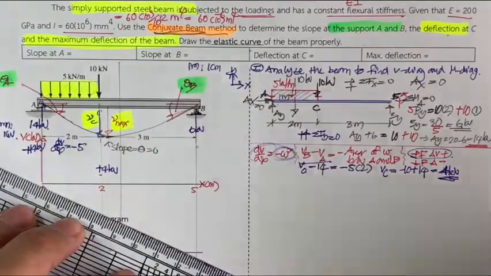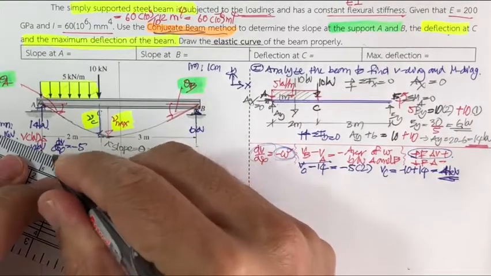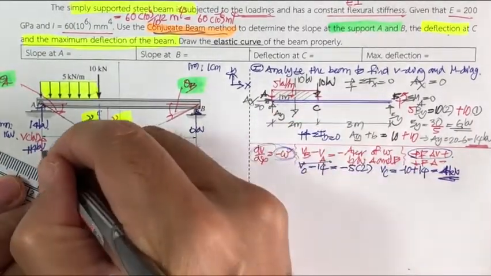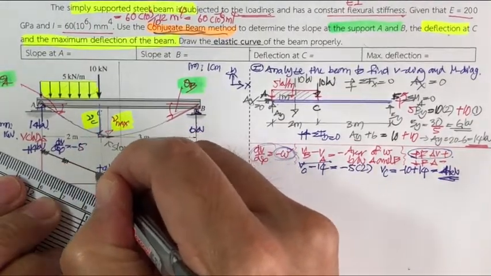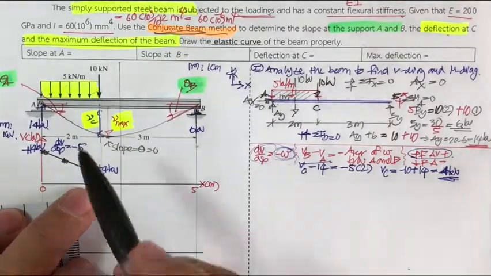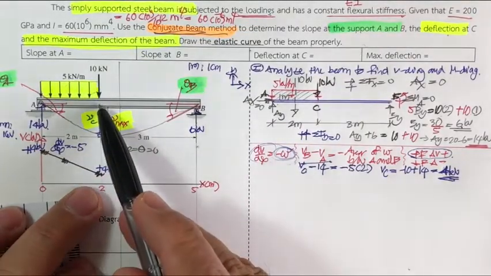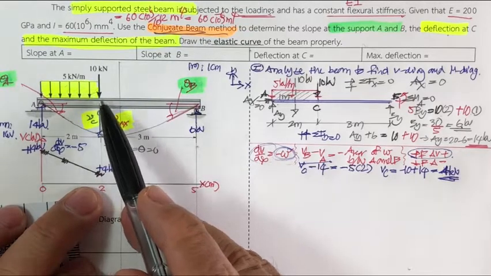The graph is going to be something like this. Okay, and you may indicate the slope like this. And now you arrive at C, and the C has 10 kilonewton. So it's downward.